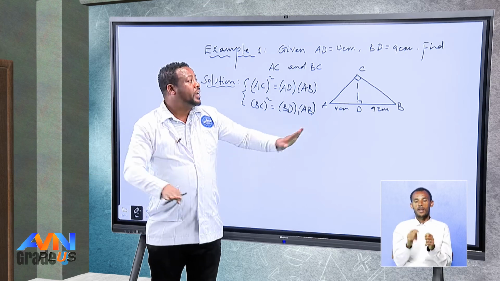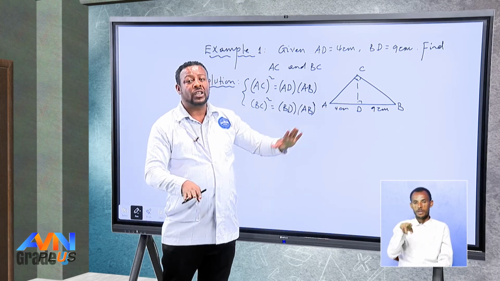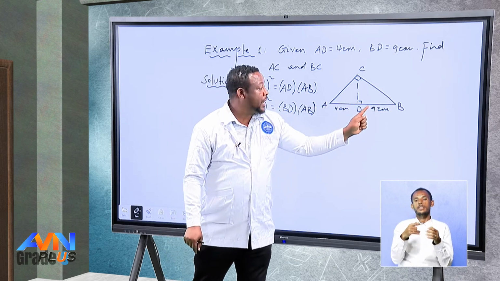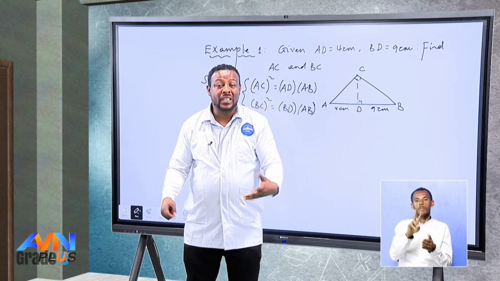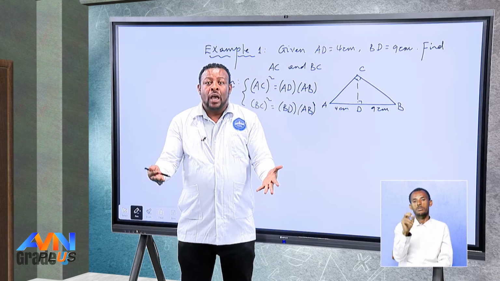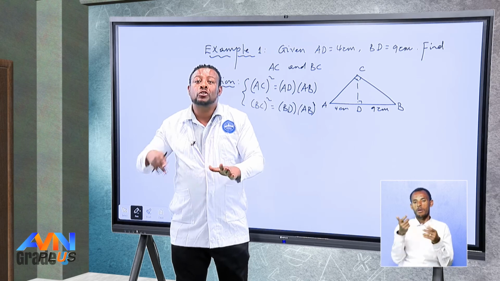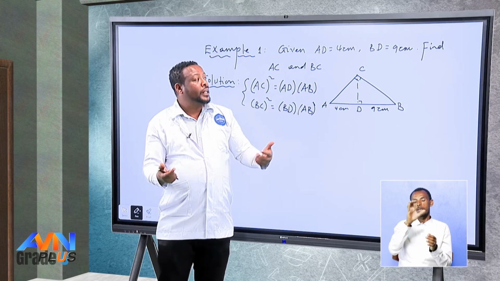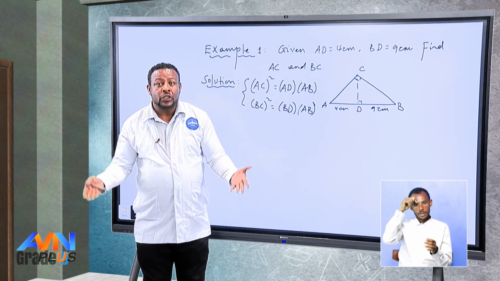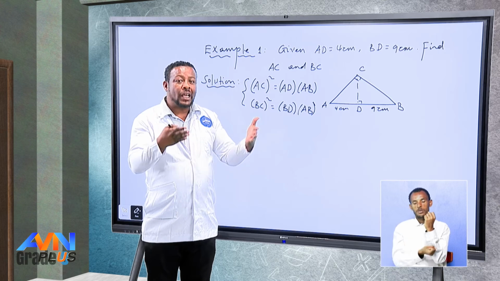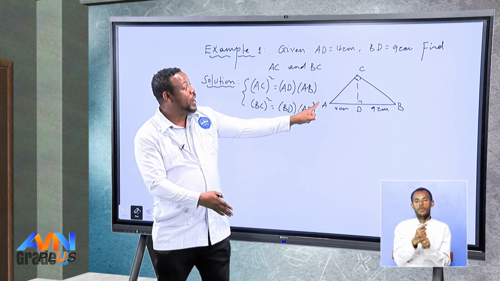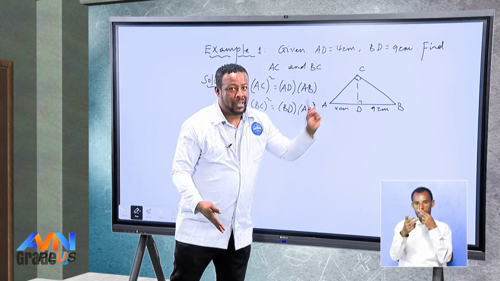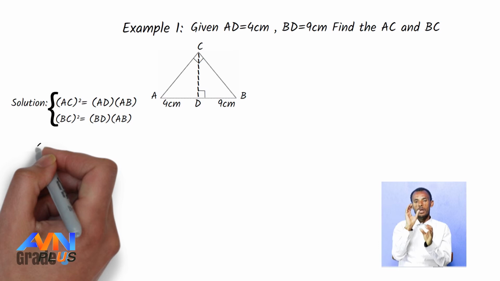Look, clearly the length of the hypotenuse in this triangle is known, right? The whole segment is the sum of these two, 4 plus 9, which is 13, right? So we don't have any other option to calculate the unknown sides AC and BC except applying Euclid's theorem, right? So based on the theorem that we have already proved, the squared value of AC is equal to AD times AB. So now let's calculate AC.